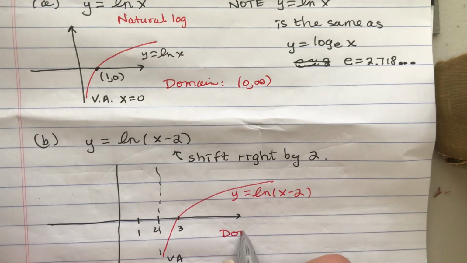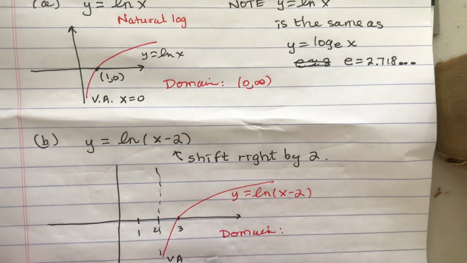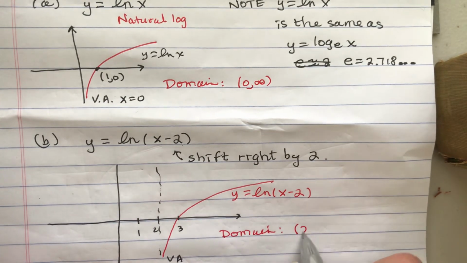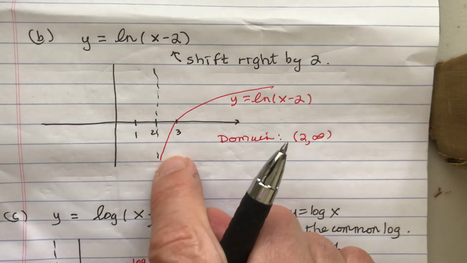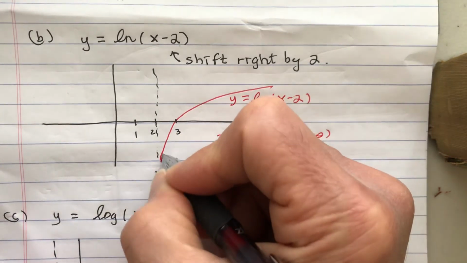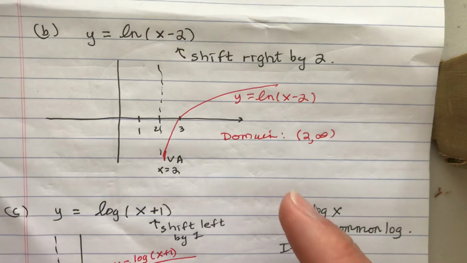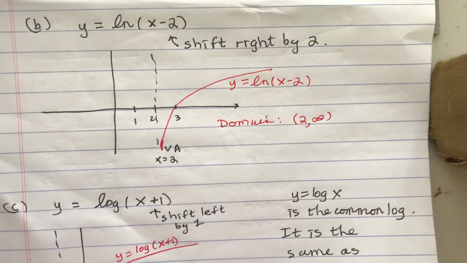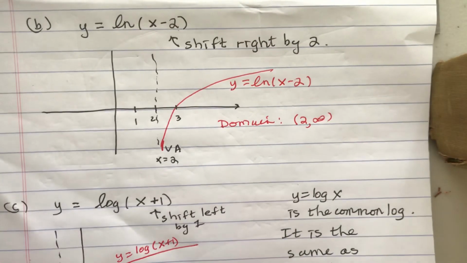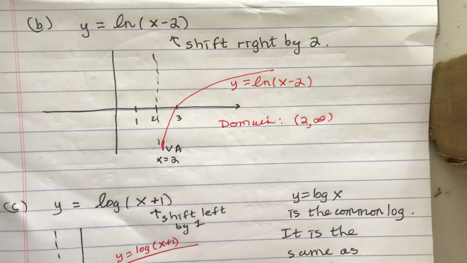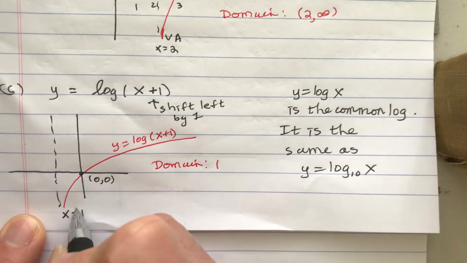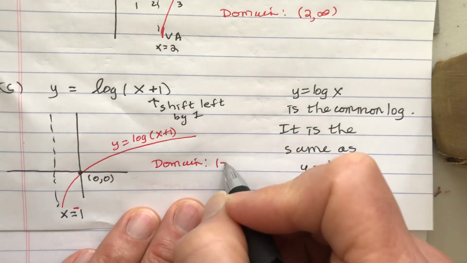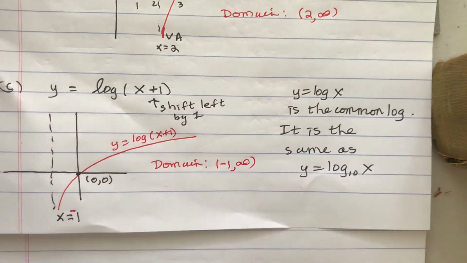Here the domain is x greater than 2, so you could write 2 to infinity, because we can see it's never going to hit that vertical asymptote. In here the domain is, okay, well, for one thing I caught a mistake. As we can see, this is not 1, this is negative 1. So the domain is negative 1 to infinity.